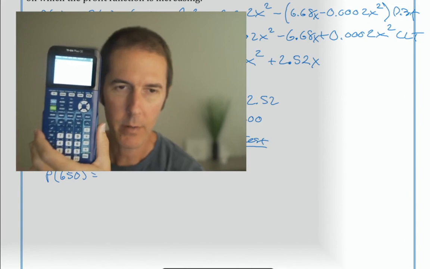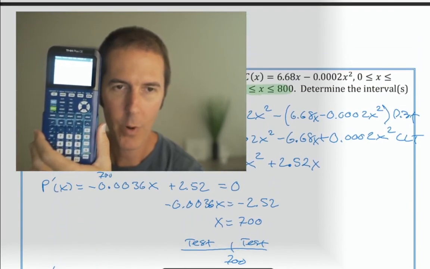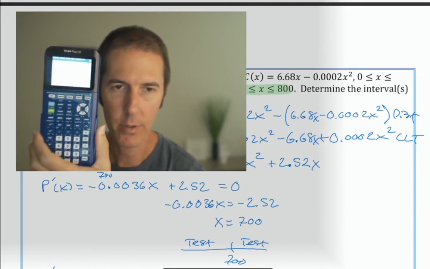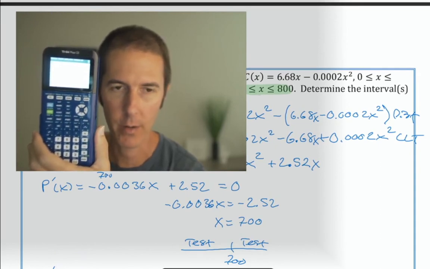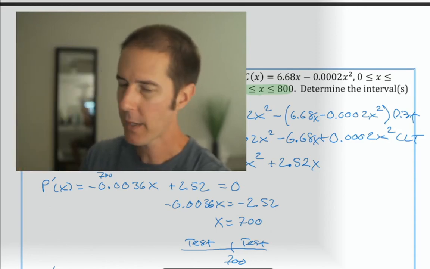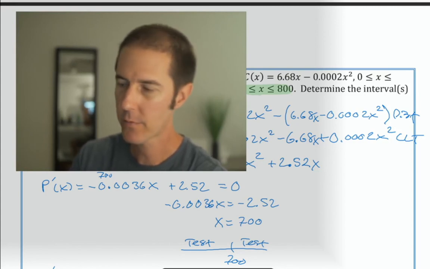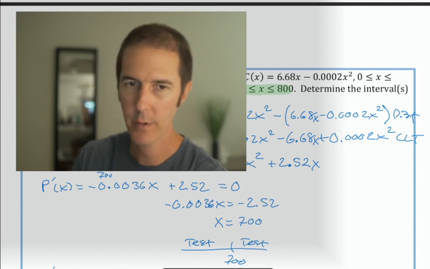I would type in your first derivative equation with x's. Okay, so I would go ahead and right on the home screen on your grapher, I would type in negative 0.0036x plus 2.52.